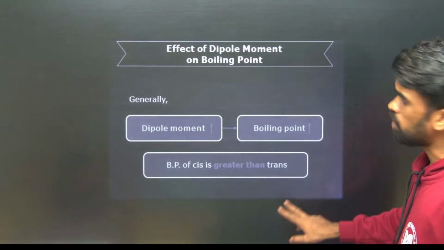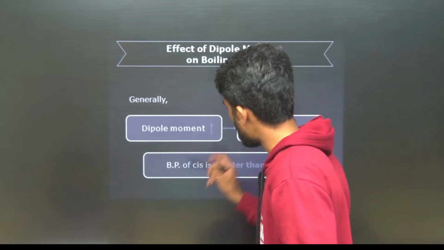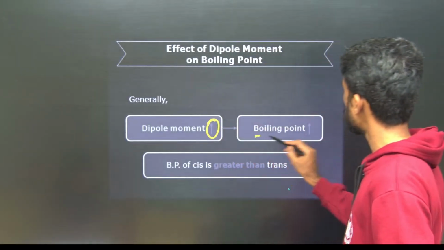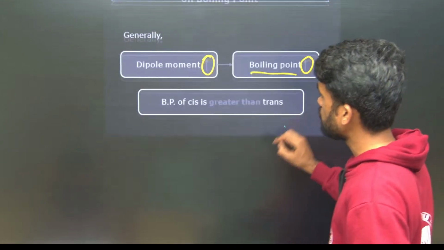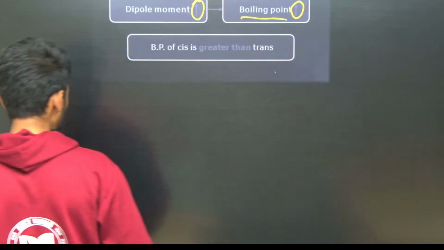What is the use of dipole moment? If dipole moment increases, the boiling point of that molecule also increases. For example, I am giving you different molecules. Just now you have seen here. So in this case, boiling point depends upon what? Dipole moment.